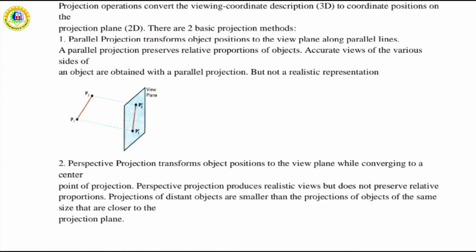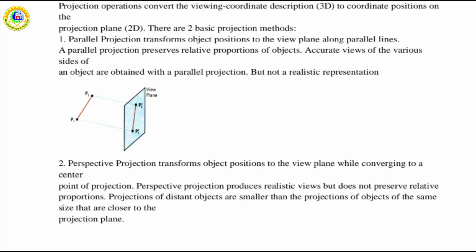So a parallel projection preserves the relative proportion of objects, and this is the method used in drafting to produce scale drawings of three-dimensional objects. Accurate views of the various sides of an object are obtained with parallel projections, but this does not give a realistic representation of the appearance of the three-dimensional object.